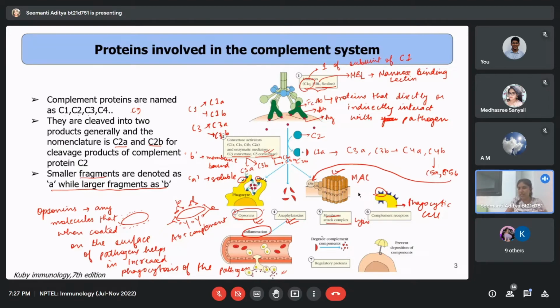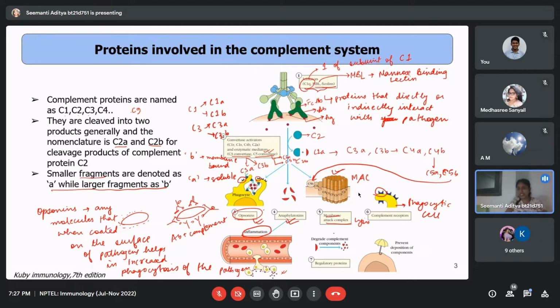Another important thing in the complement system is regulatory proteins. If your complement proteins are active all the time, then your MAC will be formed in most of the cells, or sometimes non-specifically.